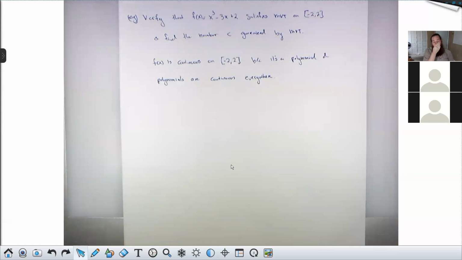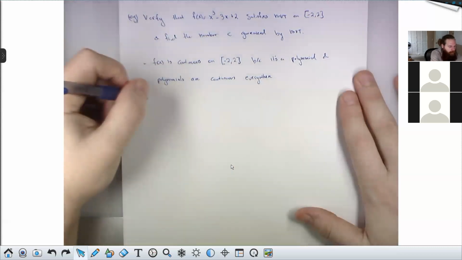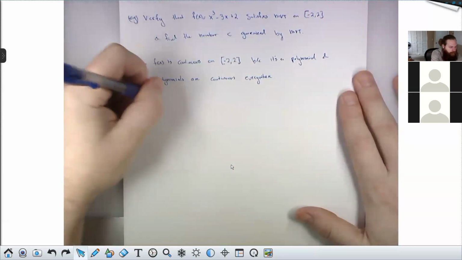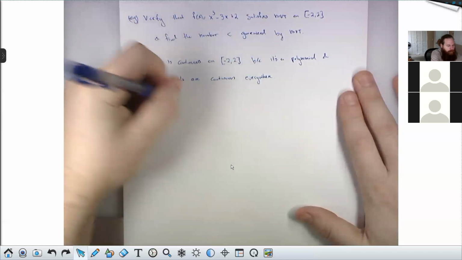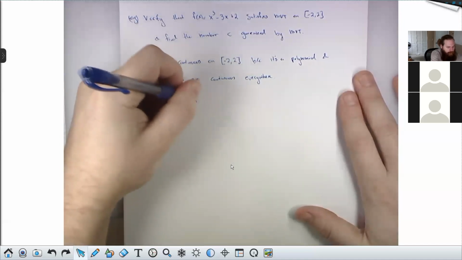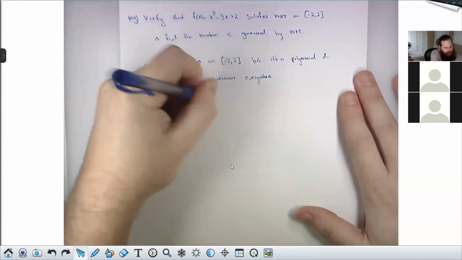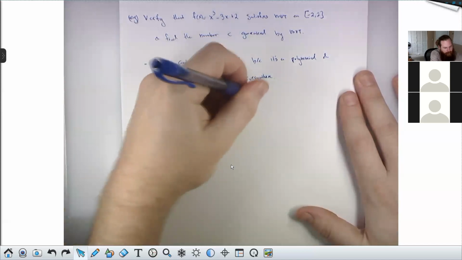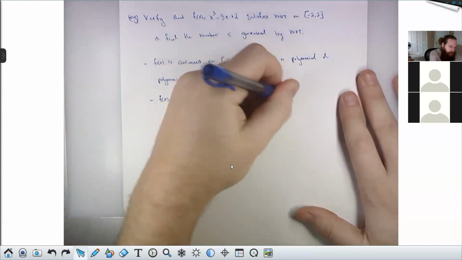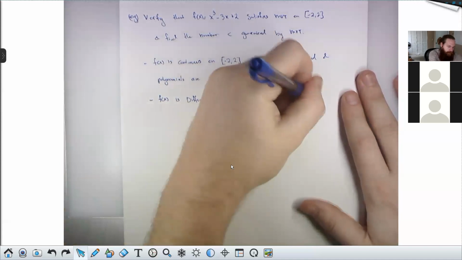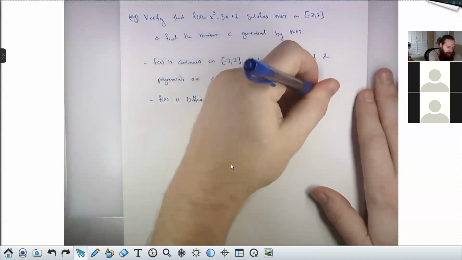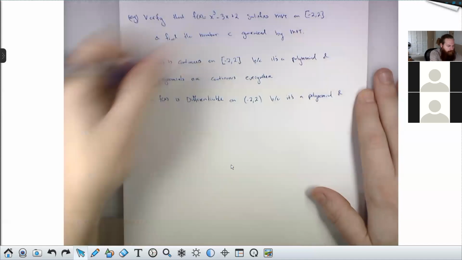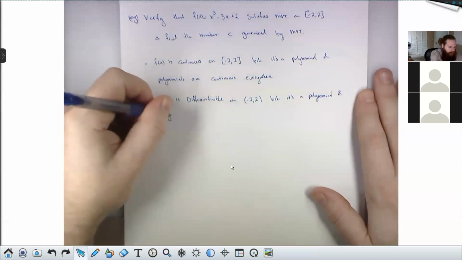That was actually a theorem that we proved way back in section 2.5. F of x is differentiable on the open interval -2 to 2 for the same reason, because it's a polynomial. And polynomials are differentiable everywhere.